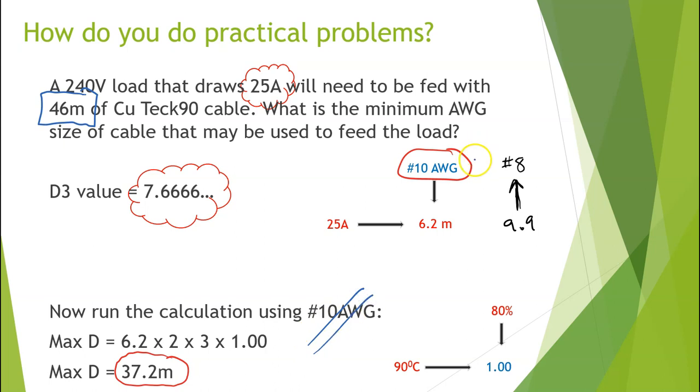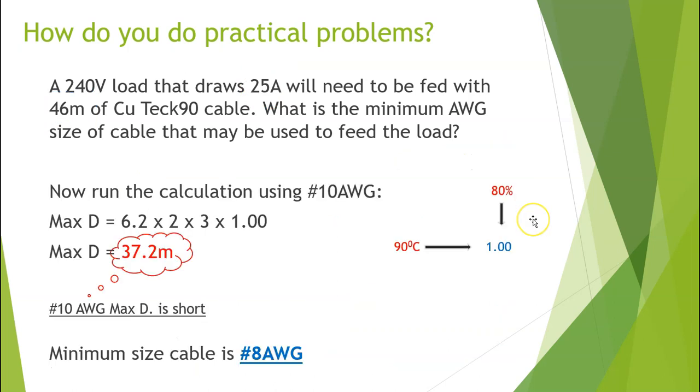And therefore, we are going to need to go up to the next available size, and that is our number 8. Now, let's take a look at this last little component that we've just briefly discussed.